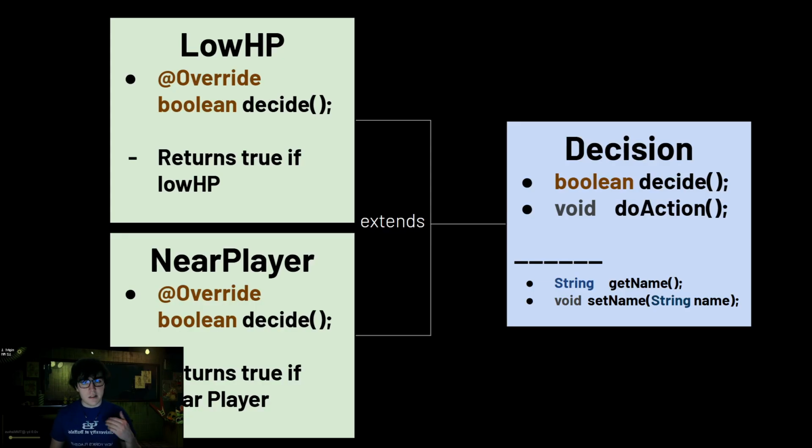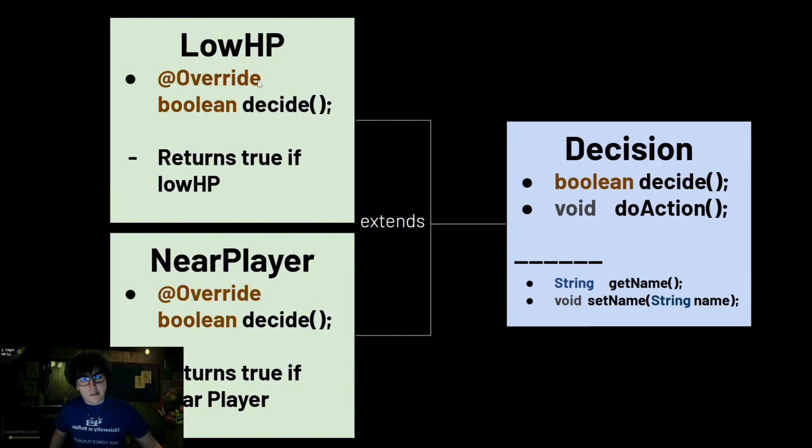We have a low HP and near player decision that extends decision. Okay, so low HP is a decision. It extends it. So it naturally has the ability to override its methods, such as decide or do action, right?